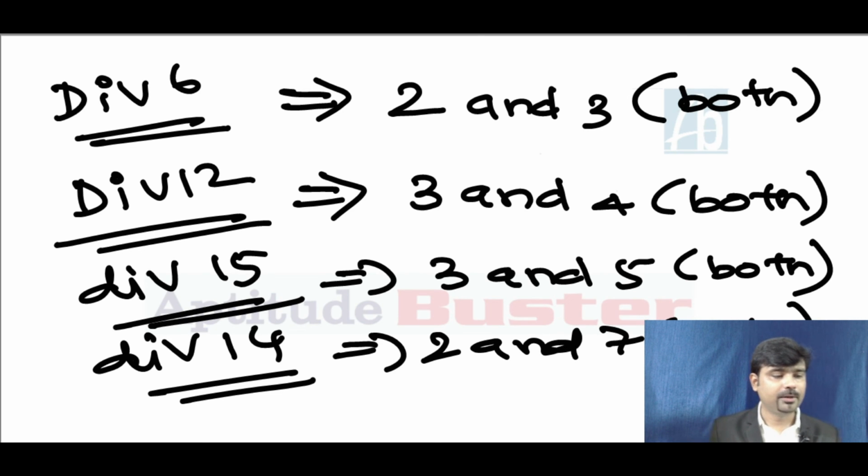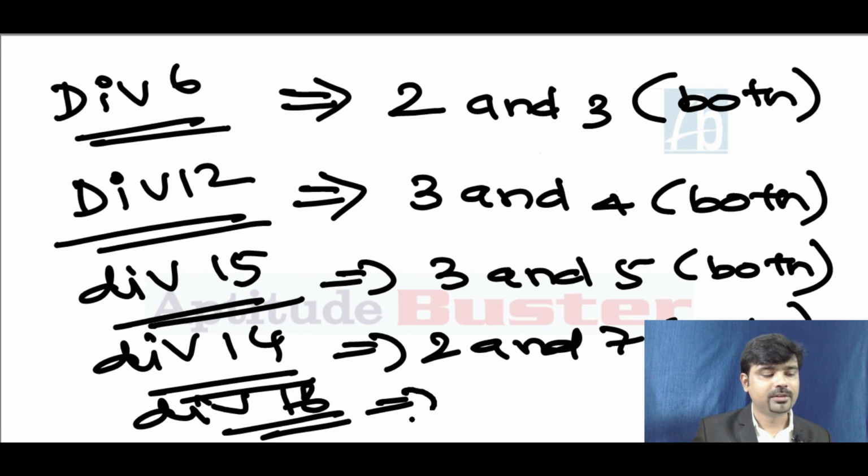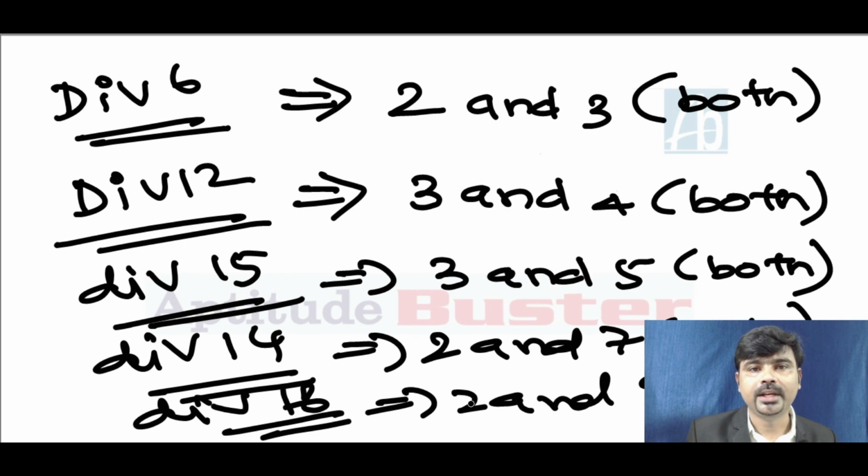We know the divisibility rules for 2 and 3, 3 and 4, 3 and 5, and 7. There is no unique divisibility rule for 6. The number is divisible by 2 and 3 means that number is divisible by 6. Divisibility rule for 18, the number should be divisible by 2 and 9. The rule for 20, that number should be divisible by 4 and 5. The rule for 10 is very simple. The unit place is 0. I think we discussed all the divisibility rules.